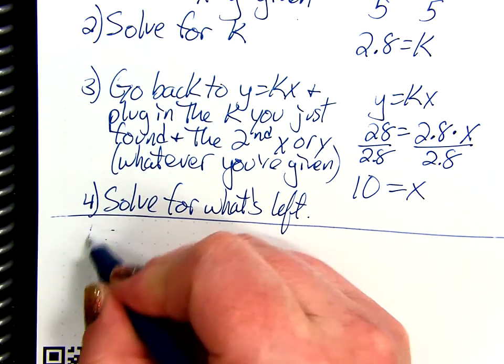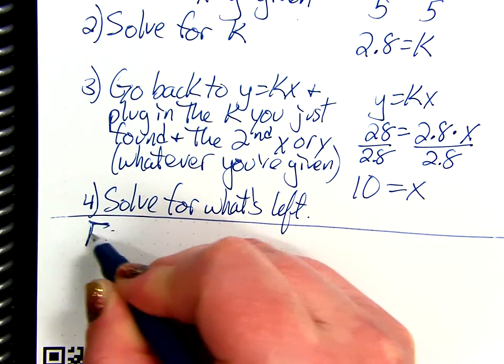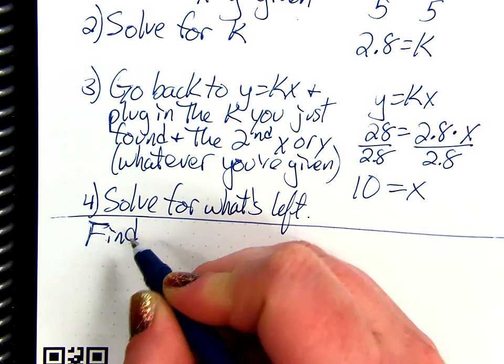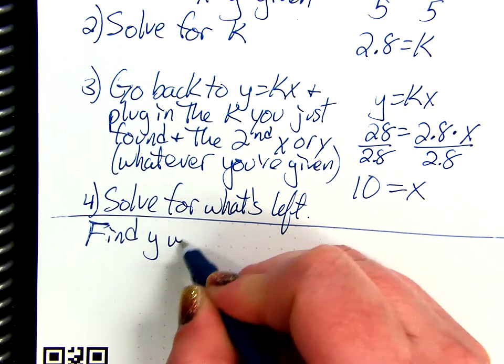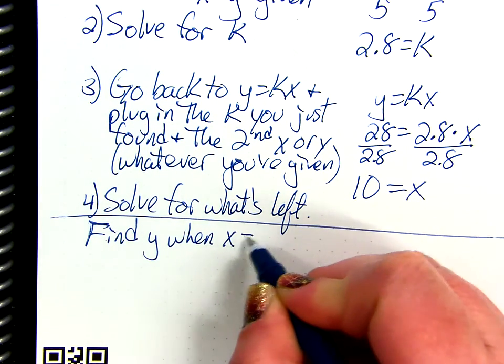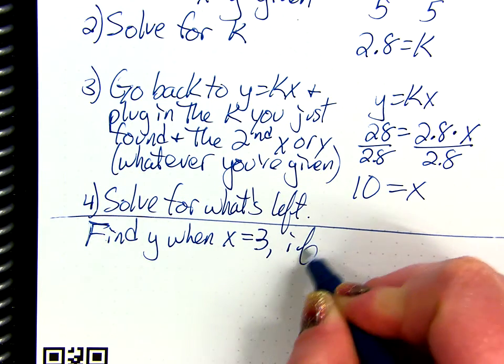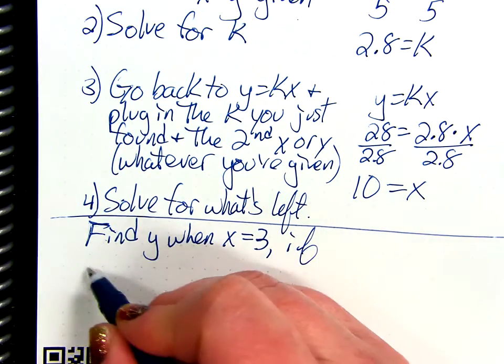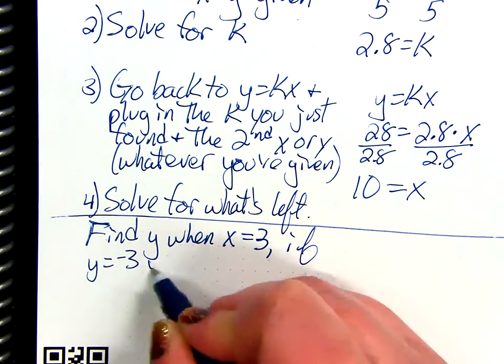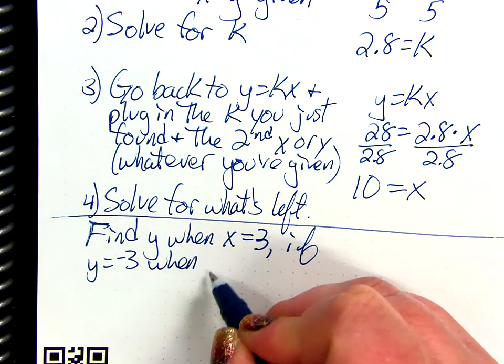So let me do it this way so that we can clarify. Find y when x equals 3 if y equals negative 3 when x equals 6.